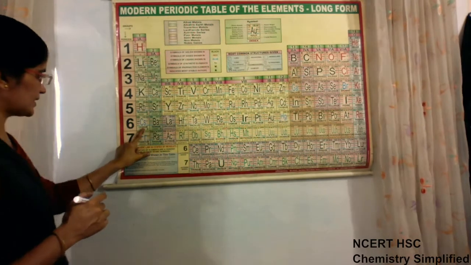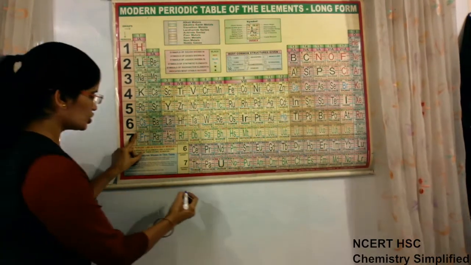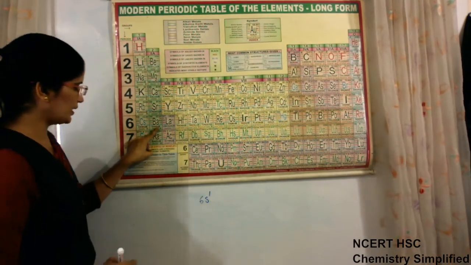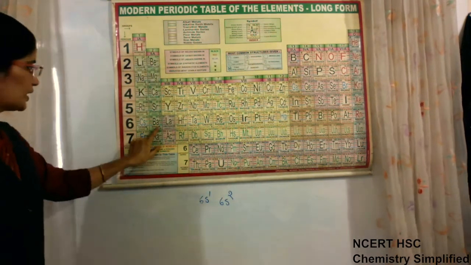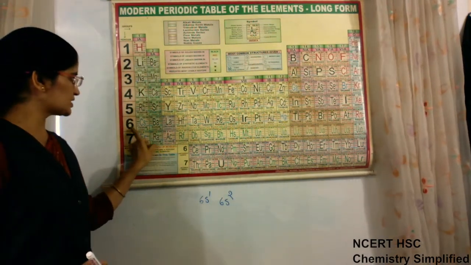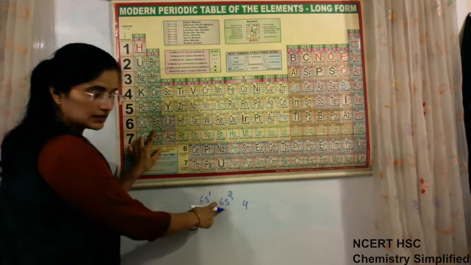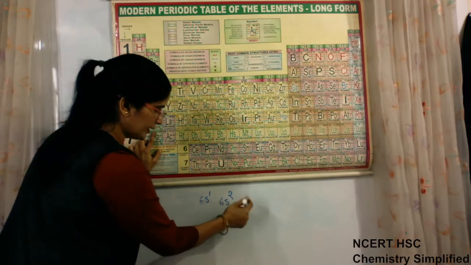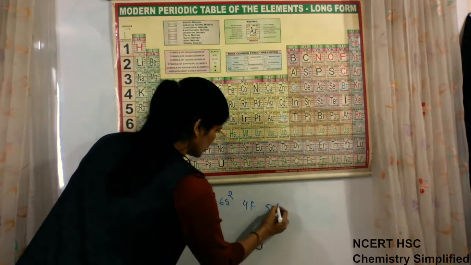In case of cesium, if this one is 6, it will be 6s1. Okay. For barium, it should be 6s2. Now, when 6 is the main shell, what will be the f? f should be 2 less than the main shell. So now after 6s1, 6s2, the filling of 4f should take place, and then filling of 5d should take place.